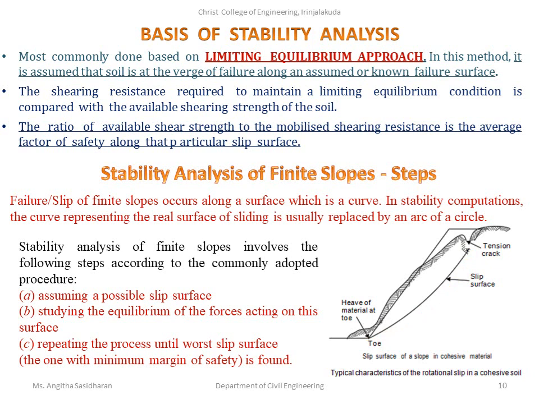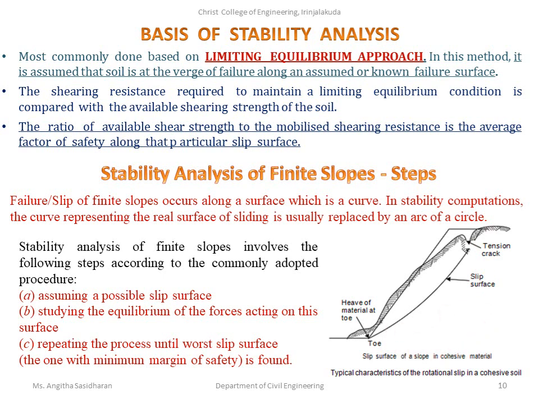In stability computations, the curve representing the real surface of sliding is usually replaced by an arc of a circle. All these processes would be very tough if we go for high accuracy. So instead of considering this as a curve, we take it as an arc of a circle.